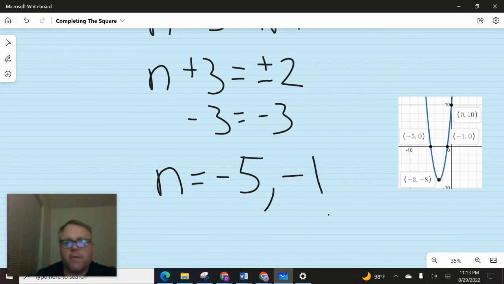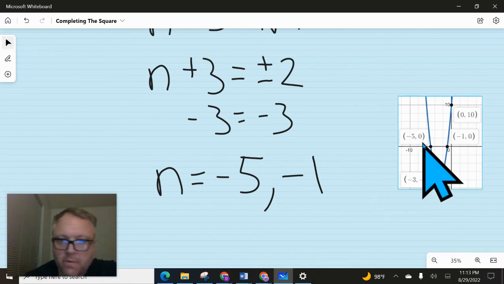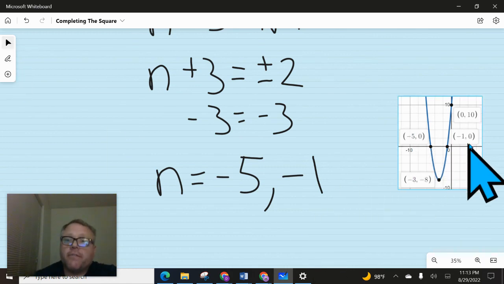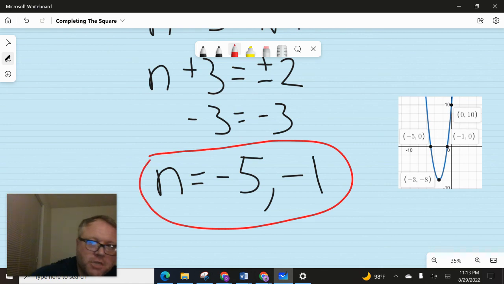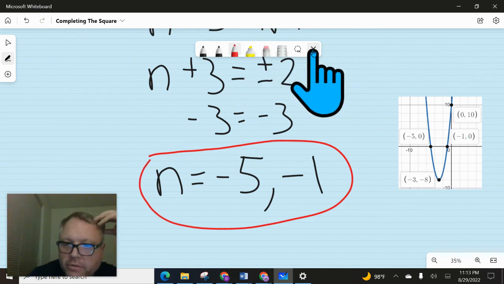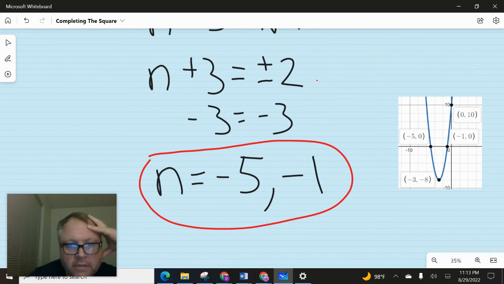Both answers are correct. Now let's look over here at our graph. What are the x-intercepts? When y equals 0, we have negative 5 and negative 1. Let's circle that final answer. All right, keep it short and sweet. Hopefully that helps a lot. Appreciate you. Bye.